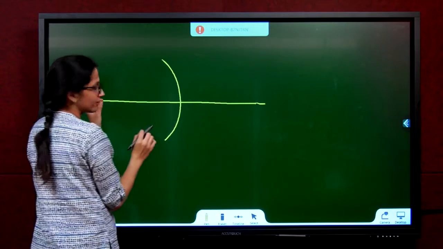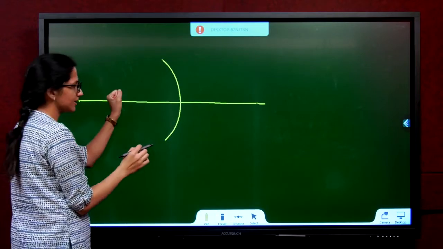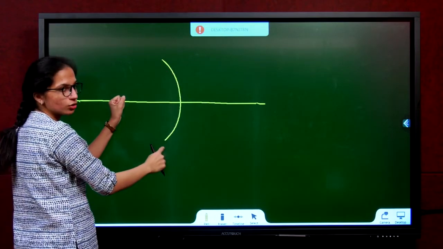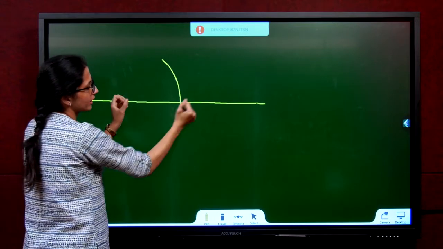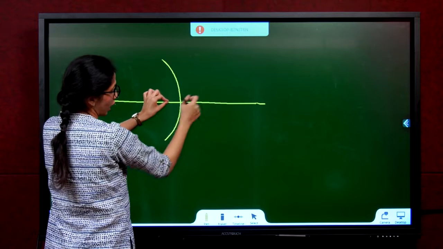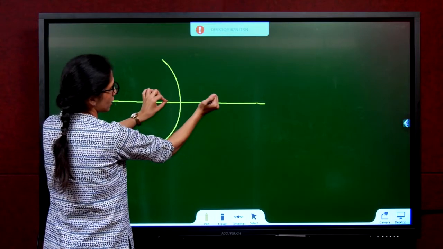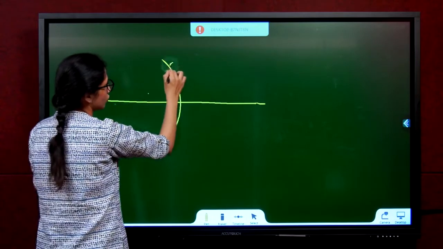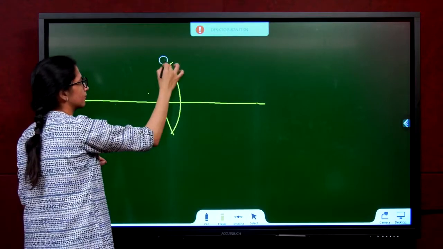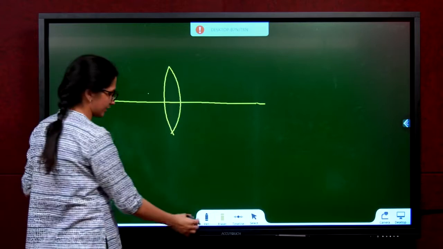Carefully understand what I'm saying. Pencil is here, needle is here, we drew the curve. Now you're bringing the needle this side, pencil is this side. First measure how big you want it. Keep the pencil this much. Now draw. So you draw this and then erase this part. Okay? So this will give you the convex lens.